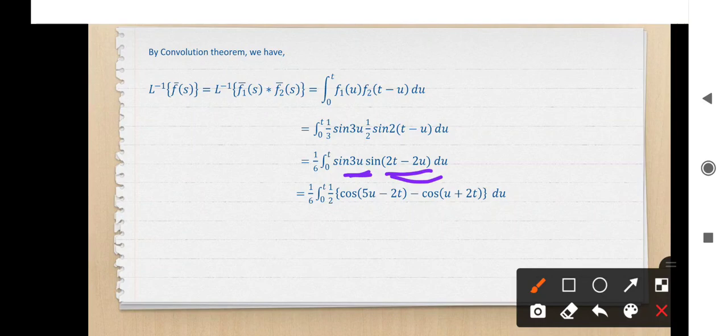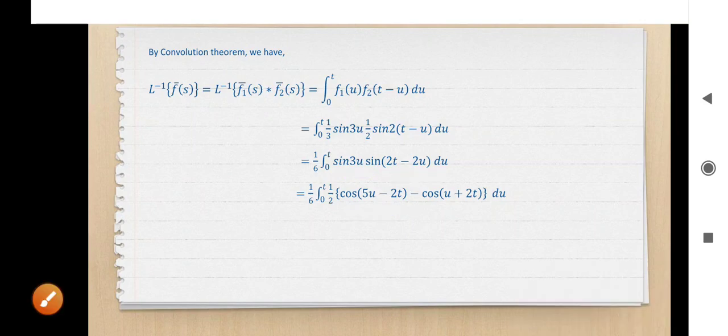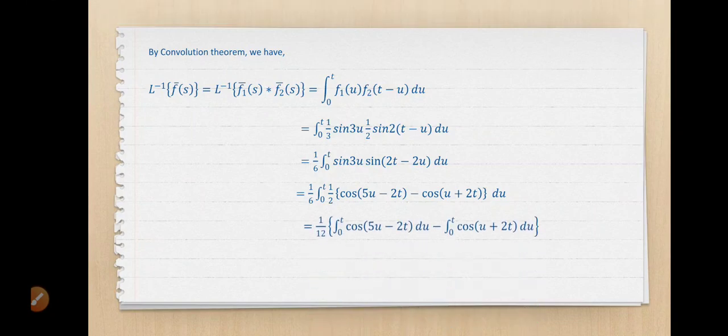So cos of a minus b gives us cos of 5u minus 2t, minus cos of a plus b gives us minus cos of u plus 2t. Now again this 1 by 2 constant multiplier along with 1 by 6 in multiplication form gives the final constant multiplier as 1 by 12.